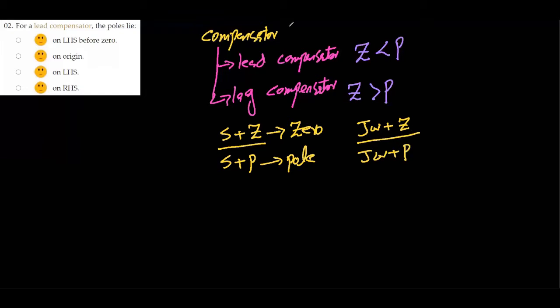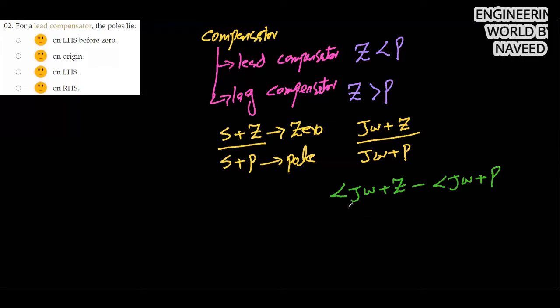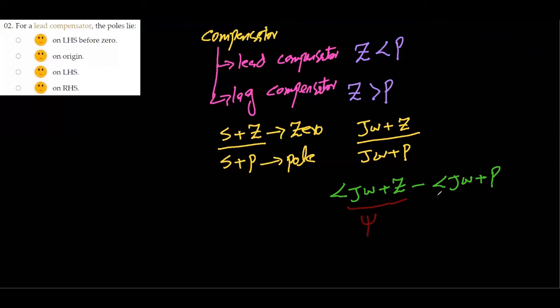So that will be equal to the angle of j omega plus Z minus the angle of j omega plus pole. Let's say I represent this by psi and this by phi.